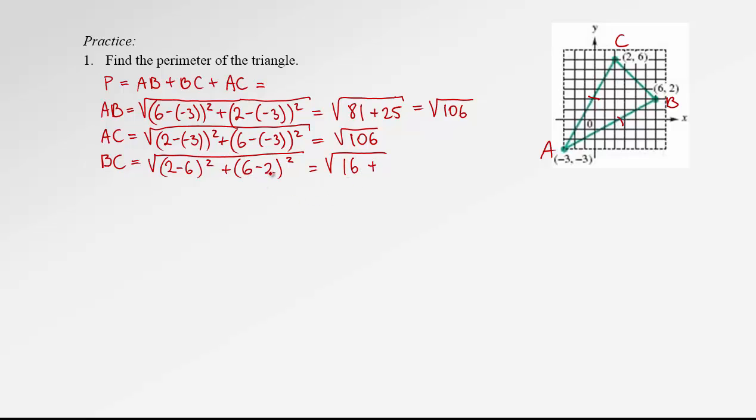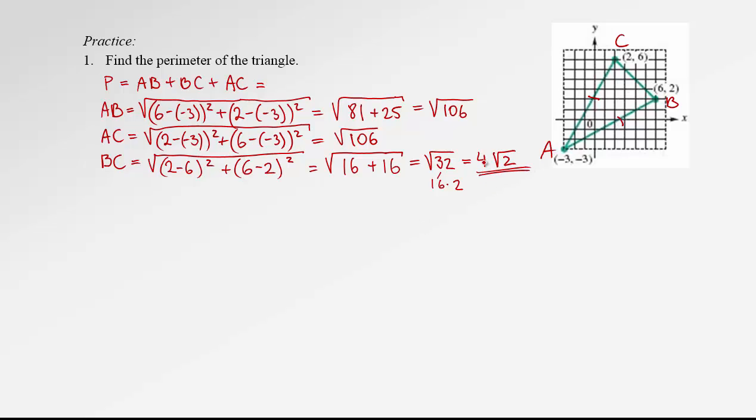Plus 6 minus 2 is 4. When squared, it's another 16. So altogether we have root of 32. And this one we can simplify. We can split 32 into 16 times 2. So root 16 is 4 and root 2 stays.